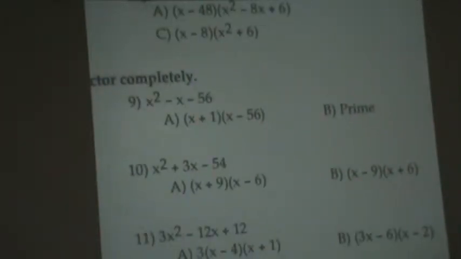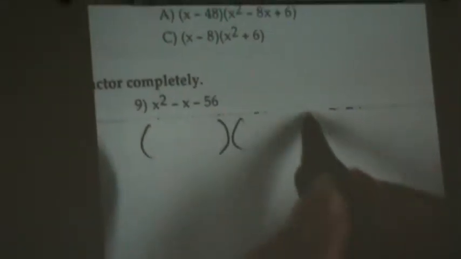Okay, factor completely. It could be factored by grouping or just factor the common thing out or factoring into two terms. Okay, this one, you're going to factor into 2 terms, right? They don't have anything in common and there's not 4 terms to group. So to get x squared, you have x times x.